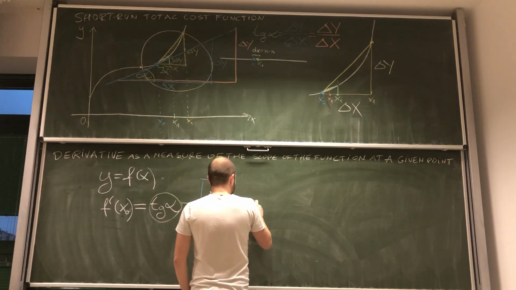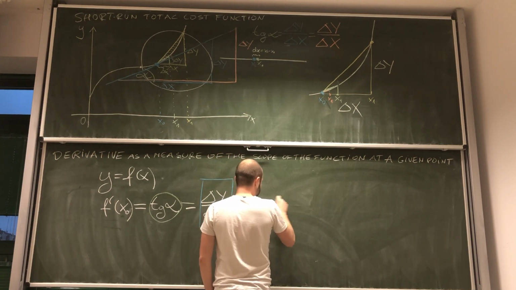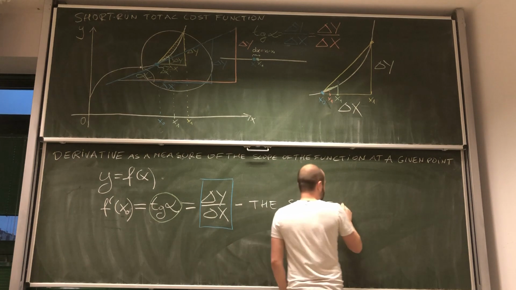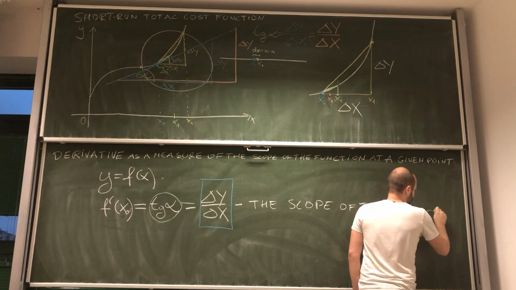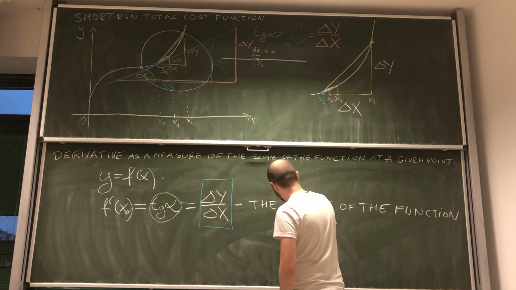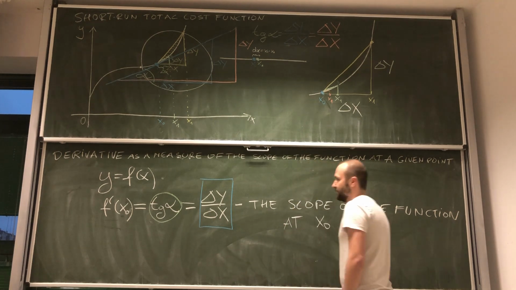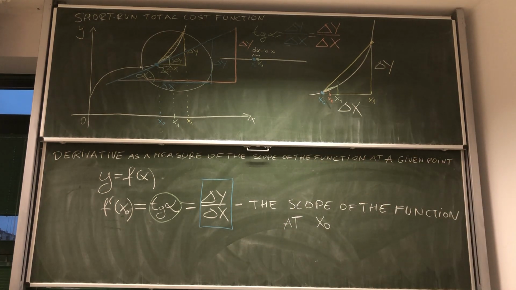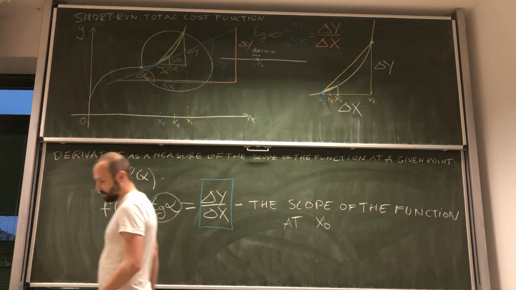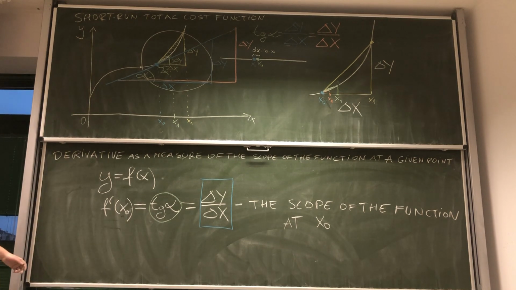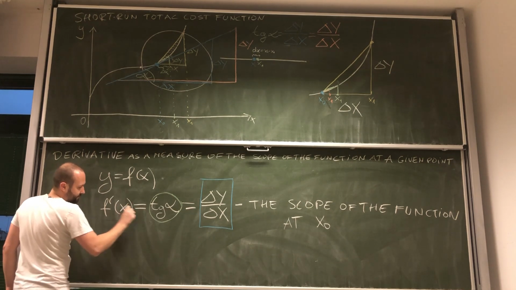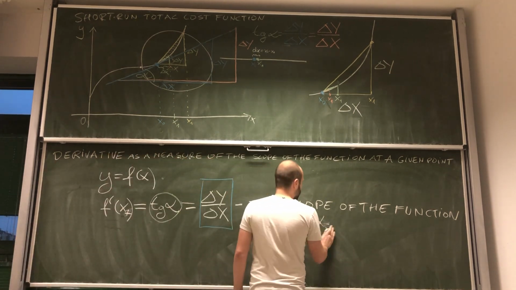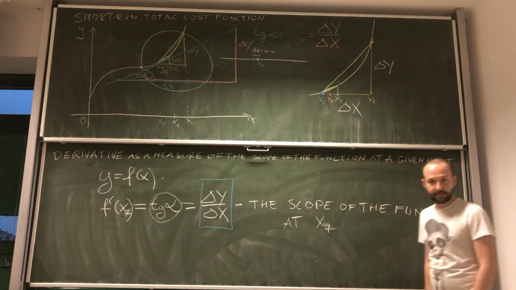And this, what you see over here, is the slope of the function at x0. And look, by the same reasoning, we can get that if I replace x0 with some other point, x7, then I will obtain the slope of the function at x7.